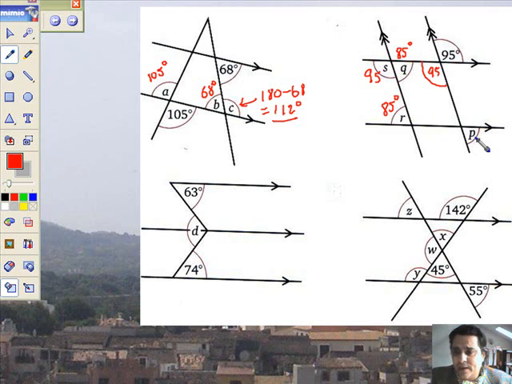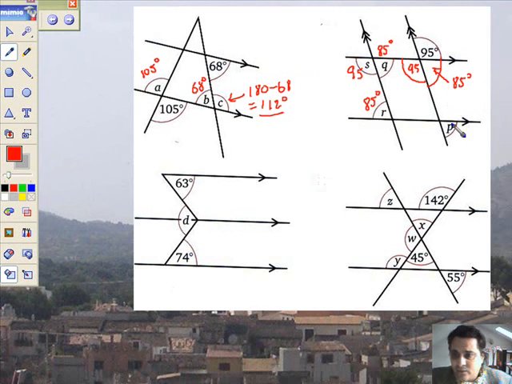Now what about this animal here? Loads of ways of doing that. Okay, if that's 95, right here, beneath it on a straight line, I've got 85 degrees, and therefore P is going to be 85 degrees because it's corresponding to the 85 I've just calculated. And thankfully I don't have to give my reasons.